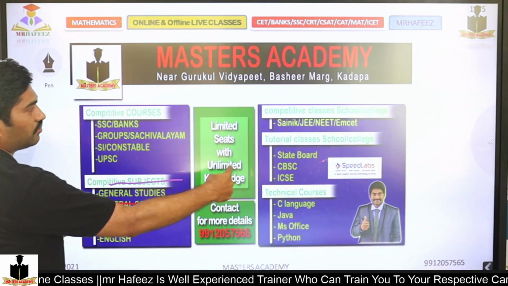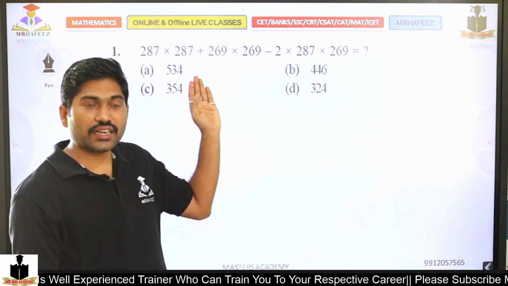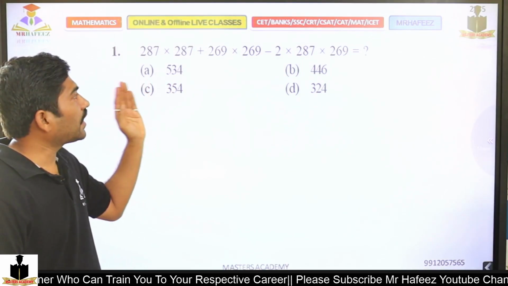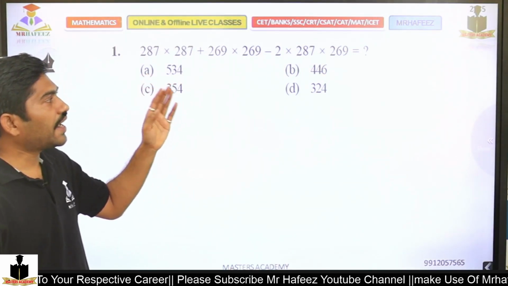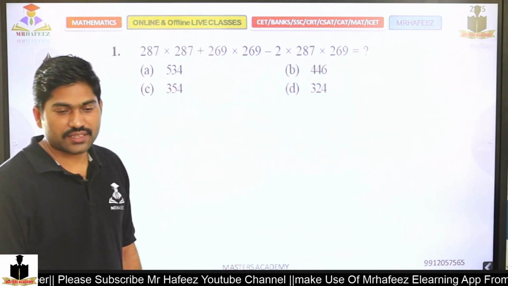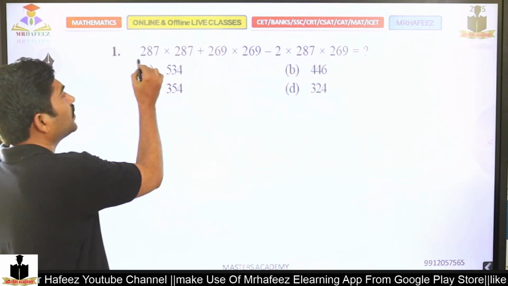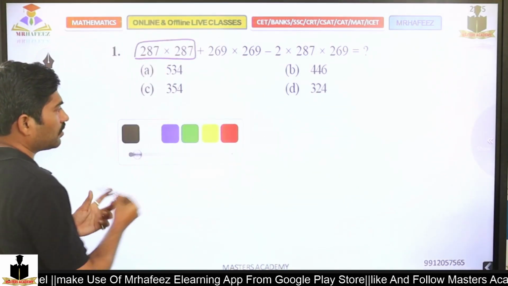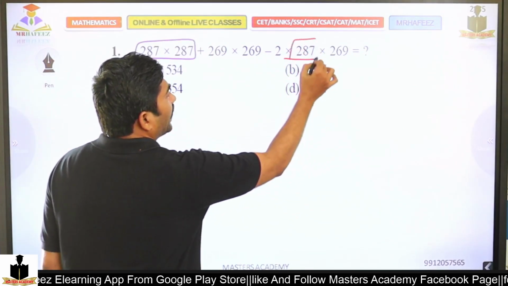The first one. So 287 into 287 plus 269 into 269 minus 2 times 287 into 269. Come on, answer please. So 287, if we observe here, 287 and 287, I can identify this.